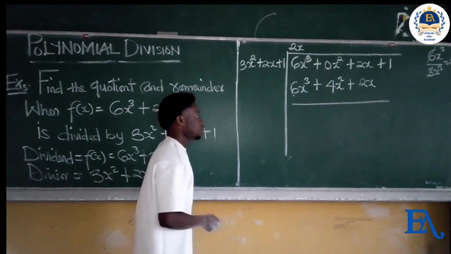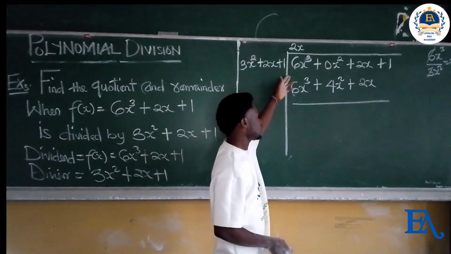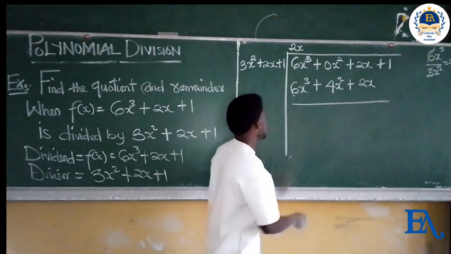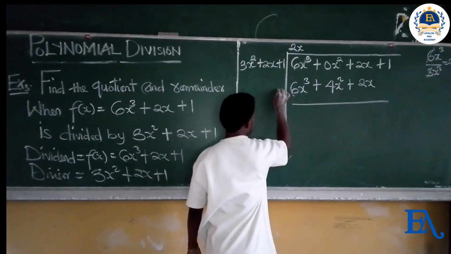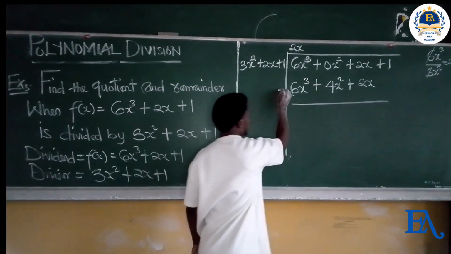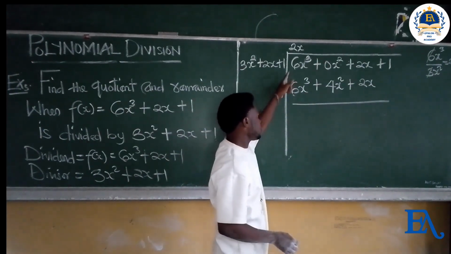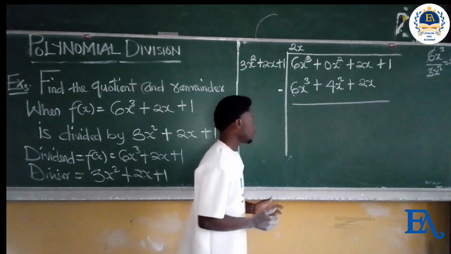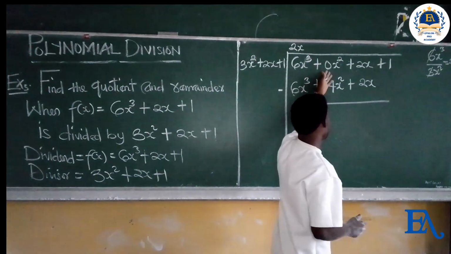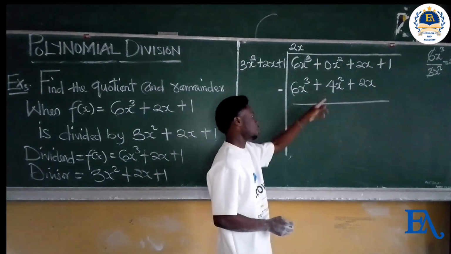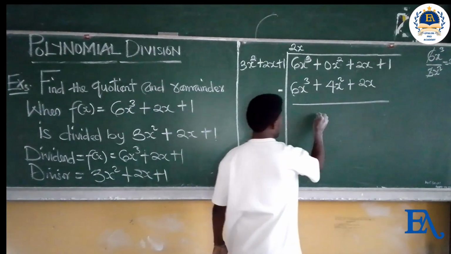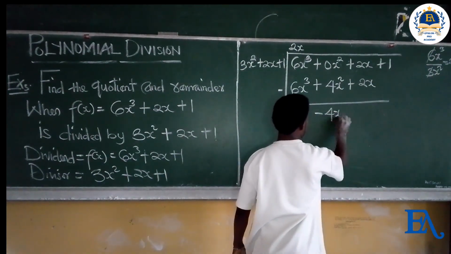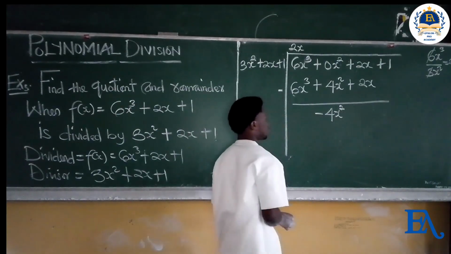Step number 3 is to subtract this from this. So 6x cubed minus 6x cubed gives 0. We are going to omit 0. Next is 0x squared minus 4x squared gives minus 4x squared.